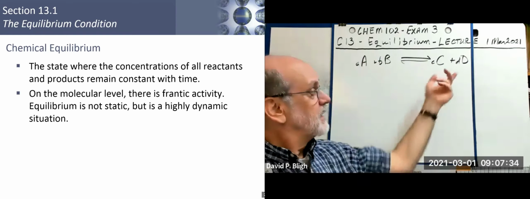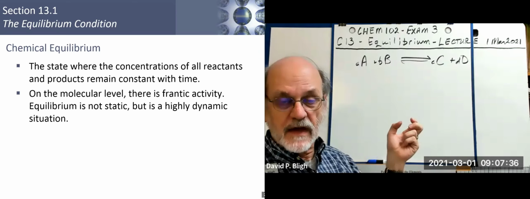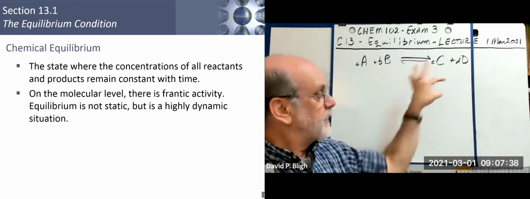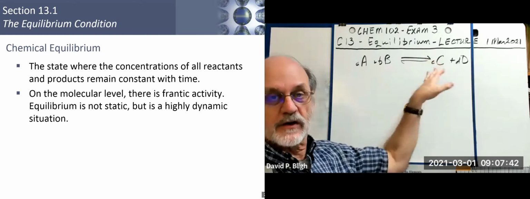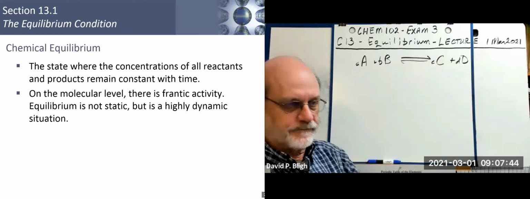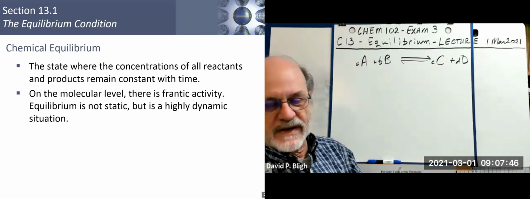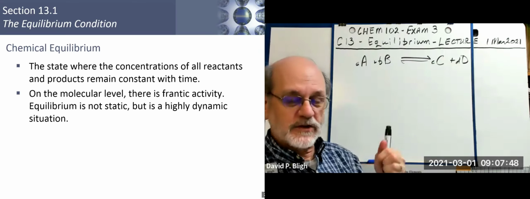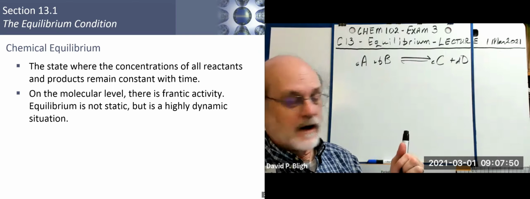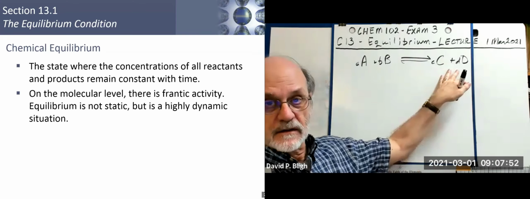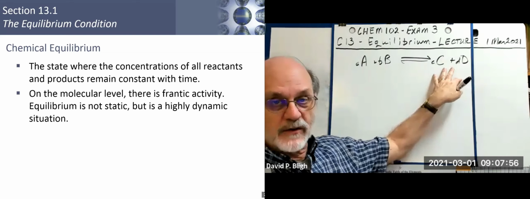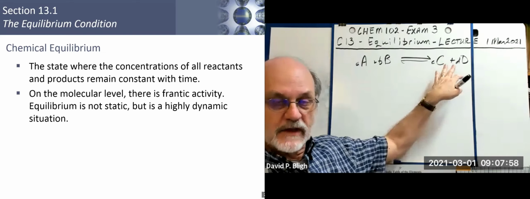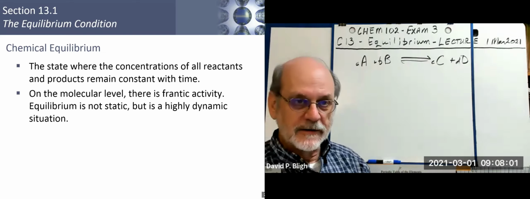If you want to study the reverse reaction, then you flip it around and make the products the reactants, and then you can study the kinetics that way. But now in equilibrium, we have to come to terms with the fact that once you've built up significant amounts of products, and it varies with each reaction, then you get a competing reverse reaction.